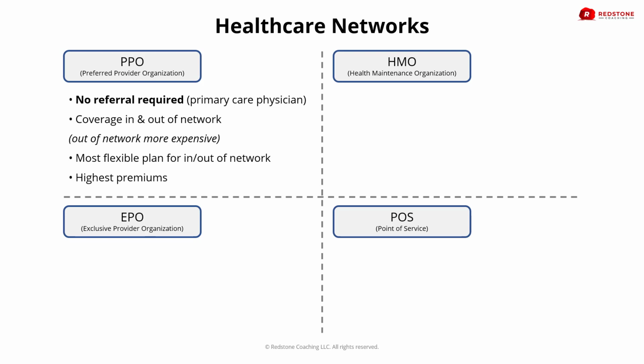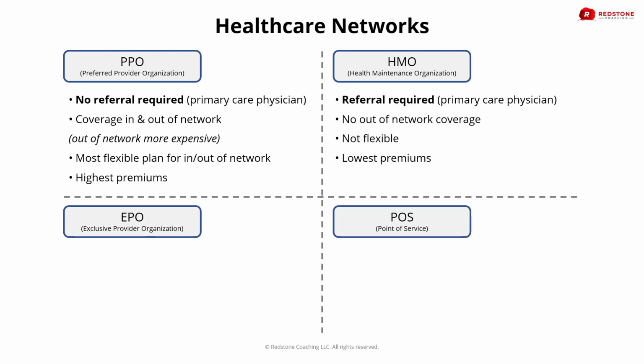So let's say that you have your primary physician, and let's say that you have a back problem and you want to go see a back specialist who specializes in spinal problems. Well, if you're in a PPO, you do not require a referral. So you can actually go straight to that spinal doctor who's in network for you, and you can go meet with that doctor without having to get a referral.